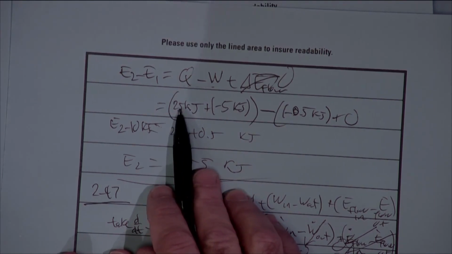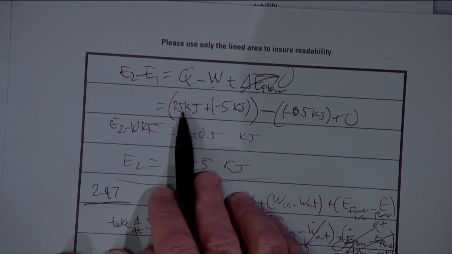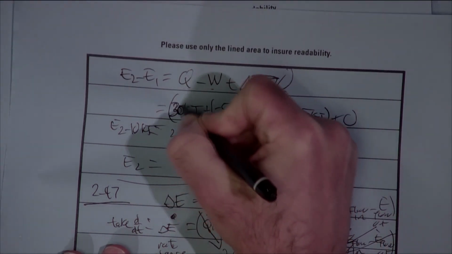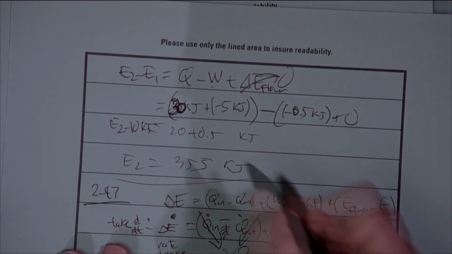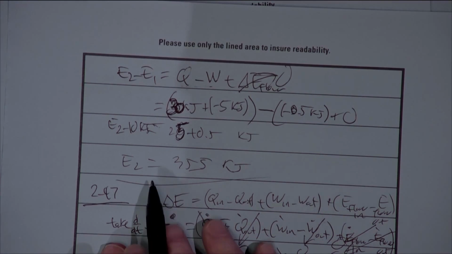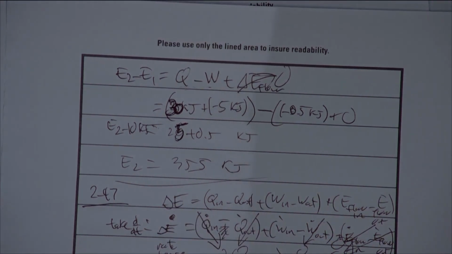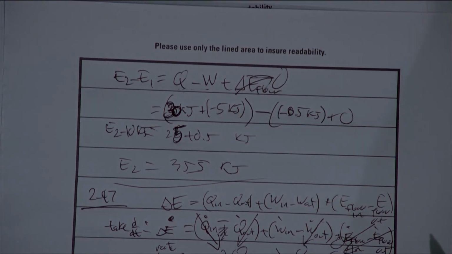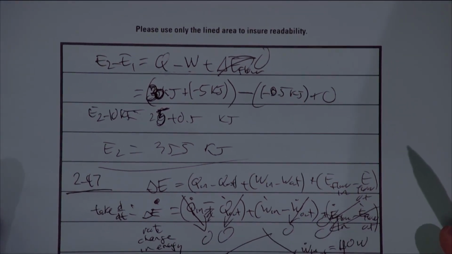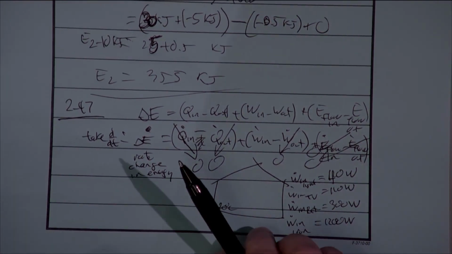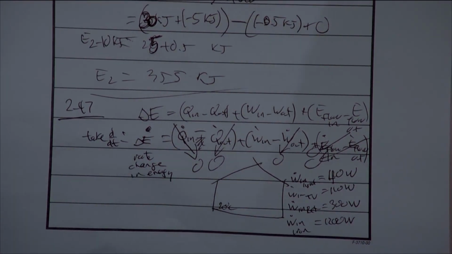So 30 kilojoules coming in plus the 5 that goes out. I guess that's where I came up with the 25 number. But this should have said 30, and then this should say 25 right here. And then it adds up appropriately. So fix those two typos if you would. All right, so again, any other questions?